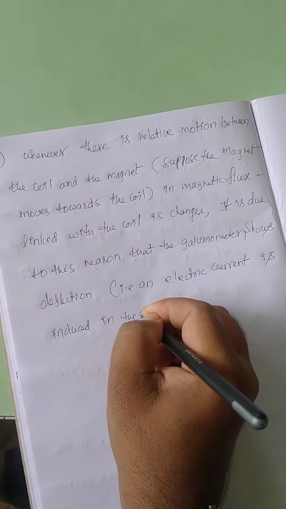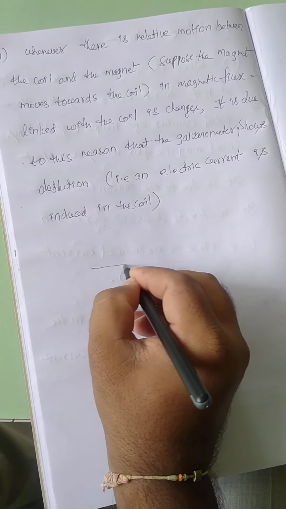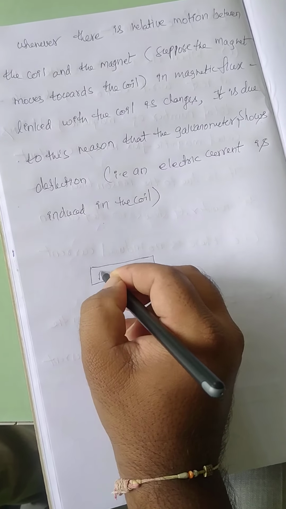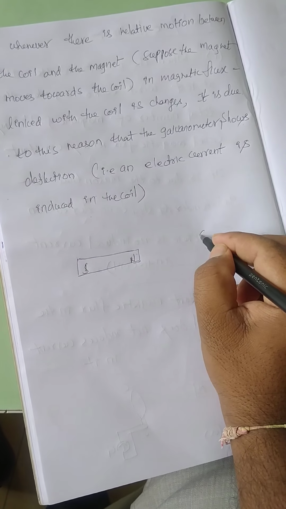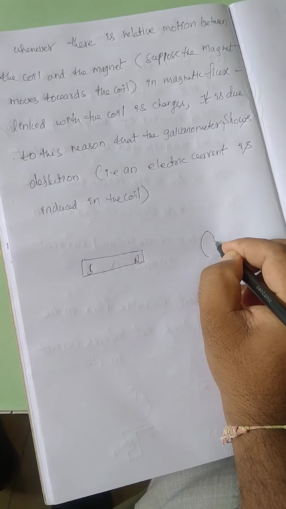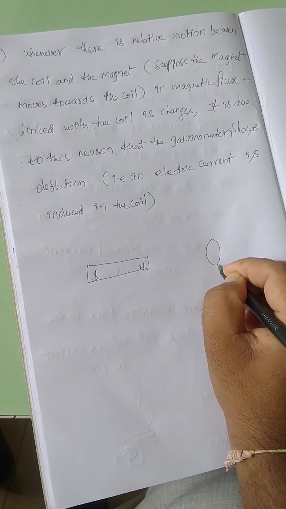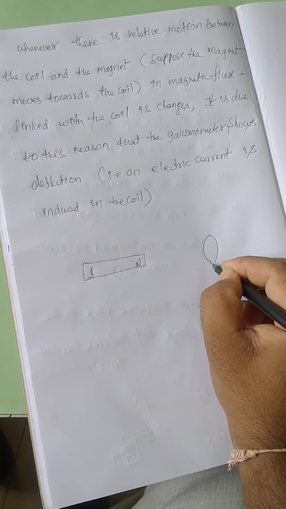For example, again you can take a diagram. It is a magnet, south and north. So this is a coil, connected to a galvanometer.